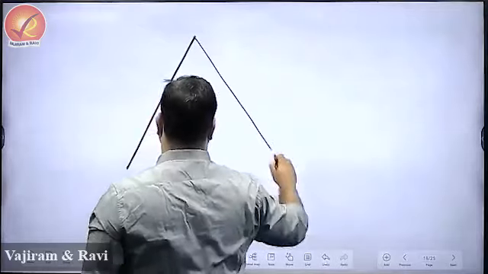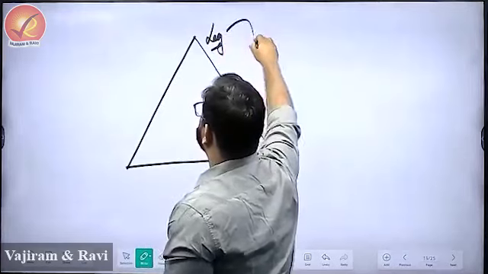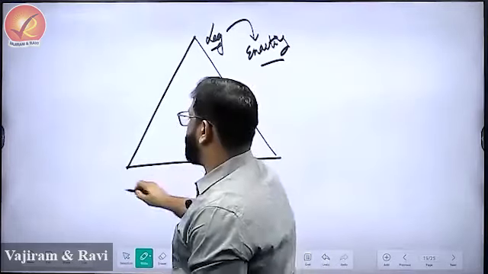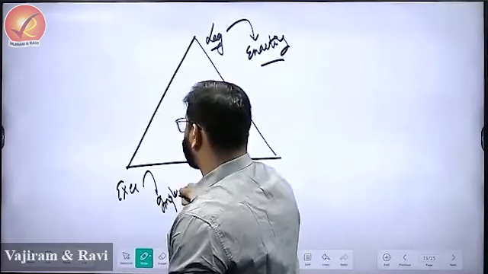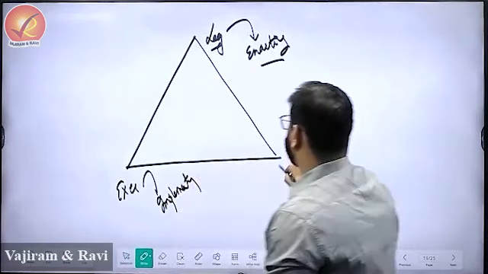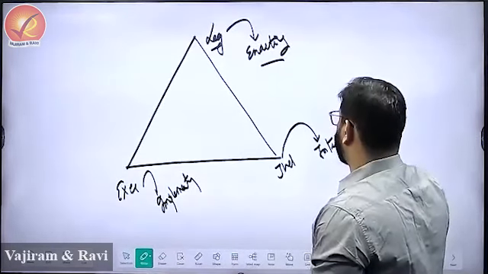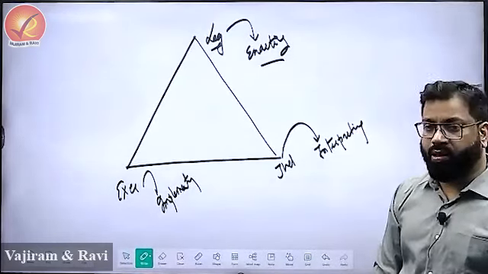Which means, what is Montesquieu saying? That state has got three specialized functions. Legislature having a function of enacting laws, executive having a function of implementing laws, and judiciary having a function of interpreting laws, shall be separated from one another.